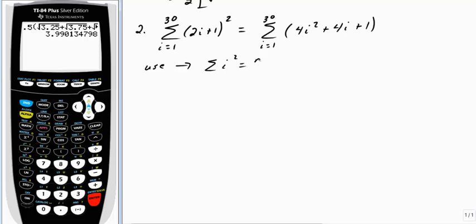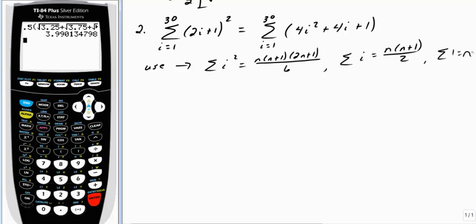It's equal to n times n plus 1 times 2n plus 1 all over 6, and that the summation from i equals 1 to n of i is n times n plus 1 over 2. The only other thing that we need here is just understanding that the summation of 1's from 1 to n, remember that means 1 plus 1 plus 1 plus 1 plus 1 n times. Well, of course, that's just going to be n. Okay, this works for all three of those now.